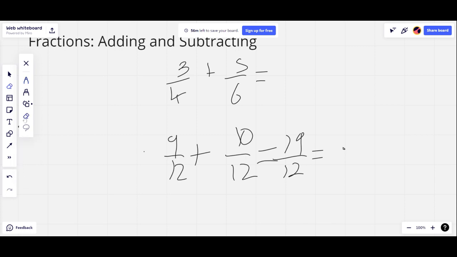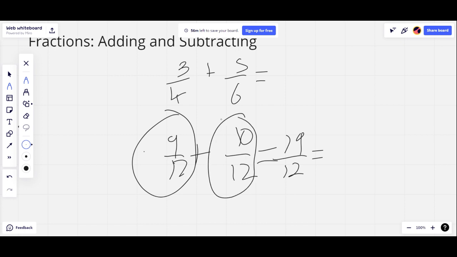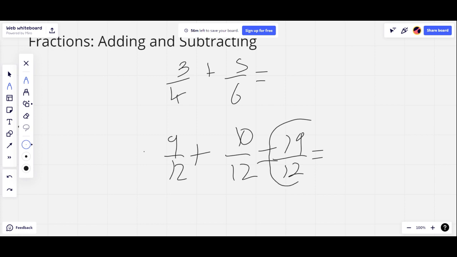Fractions like these are called regular fractions. Well, not 9 over 1, but 9 over 12 is a regular fraction. This is a regular fraction. This, however, is an improper fraction, and we can turn it into mixed fractions.